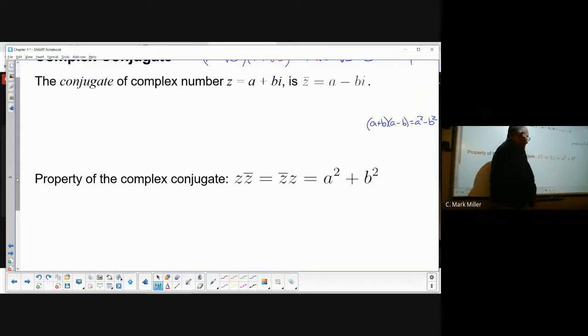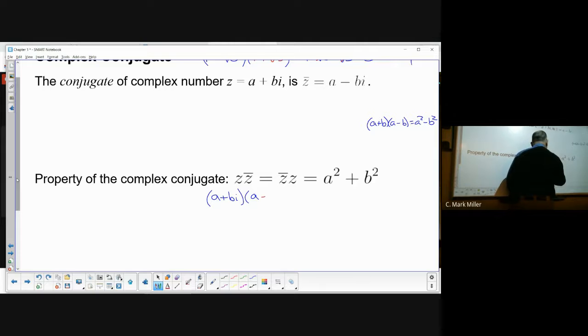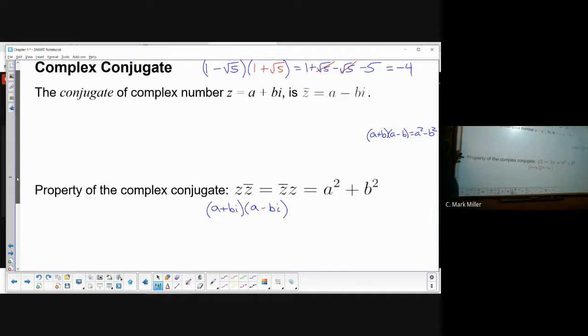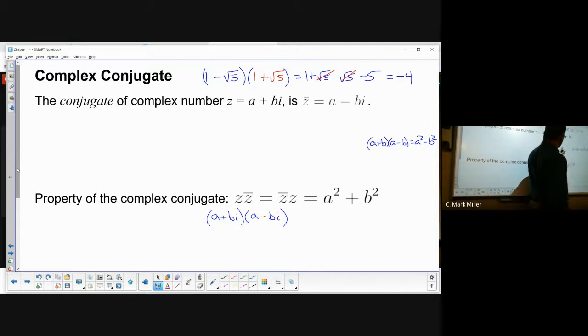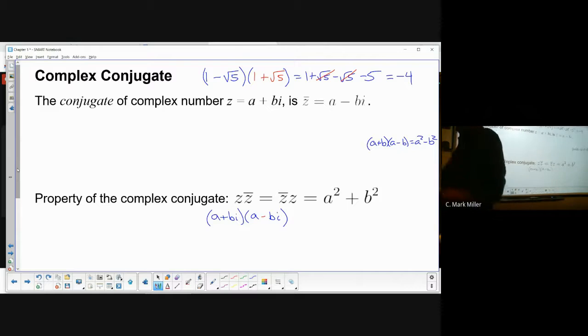What happens here? If I have a plus bi times a minus bi, if I FOIL that out, why is there a negative here and a positive here when I'm doing plus and minus the same thing? Why is that true? I don't want this to be confusing with so-called regular algebra.